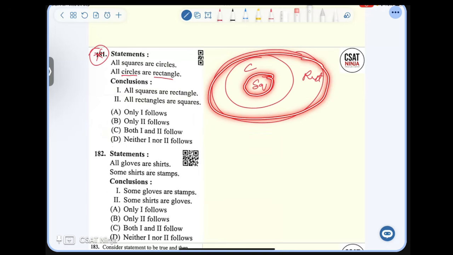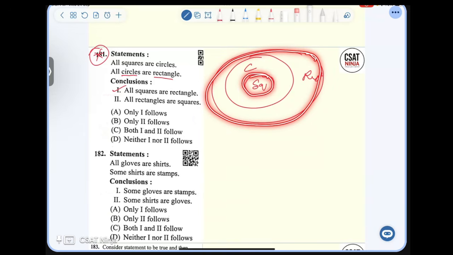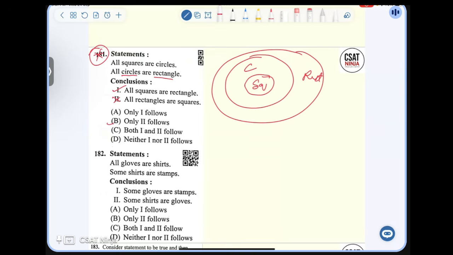Can I say that? Because the square is inside the rectangle, our conclusion number one will follow. But this will never follow: all rectangles are squares. That means I cannot fit this larger circle inside the smaller circle, so it will not follow. So the answer here is only two will follow.